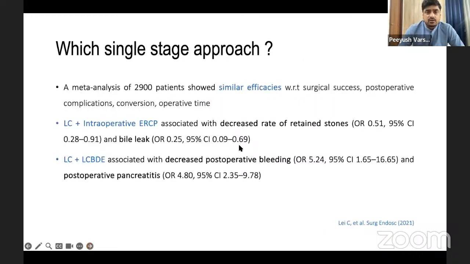Another meta-analysis also showed similar efficacies with respect to surgical success, post-operative complications, and conversion. And laparoscopic cholecystectomy with intraoperative ERCP is associated with decreased risk of retained stones, high technical success, and decreased rate of bile leak because of the presence of a stent inside the CBD. While laparoscopic chole with CBD exploration has decreased bleeding and pancreatitis.